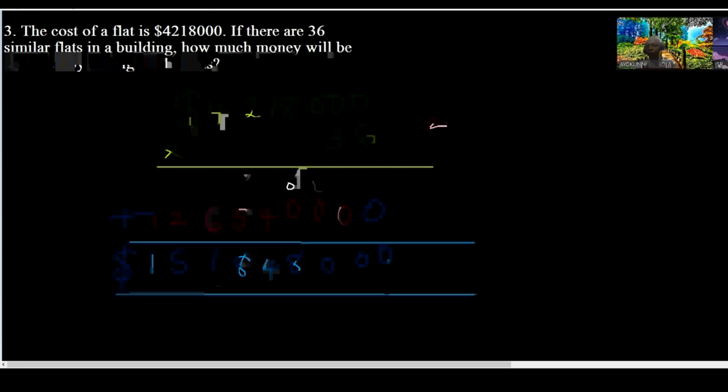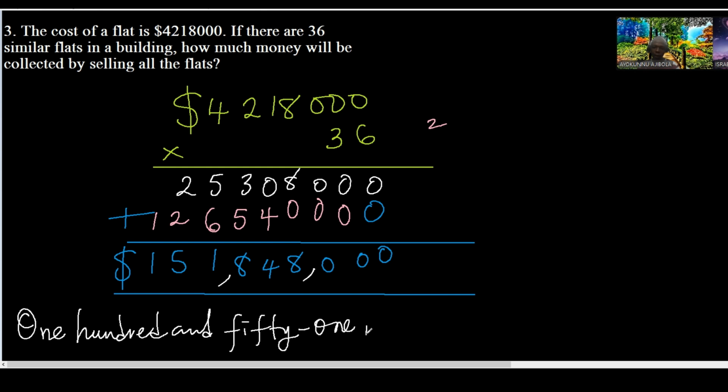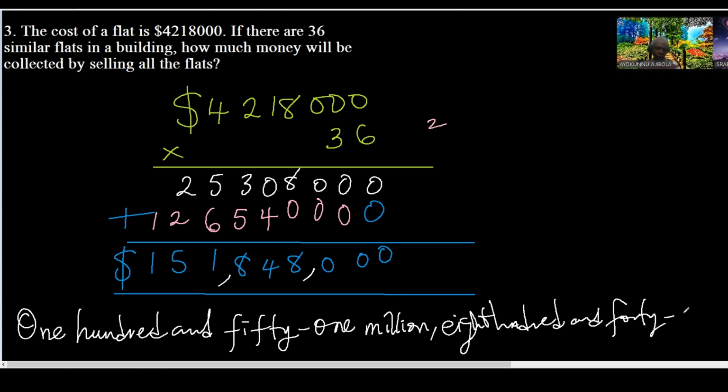Okay. So if we were to write this in words, it is 151,848,000: one hundred and fifty-one million, eight hundred and forty-eight thousand.